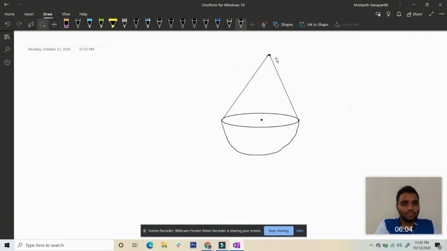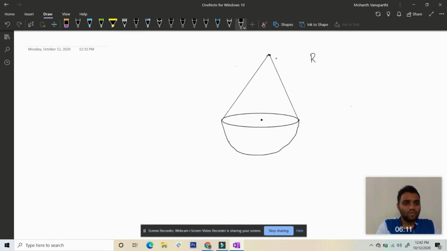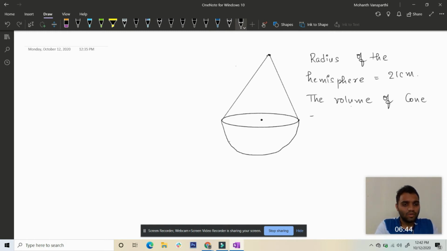They have given that the radius of the hemisphere is equal to 21 centimeters, and also that the volume of the right circular cone is equal to 2 by 3rd of the volume of the hemisphere.